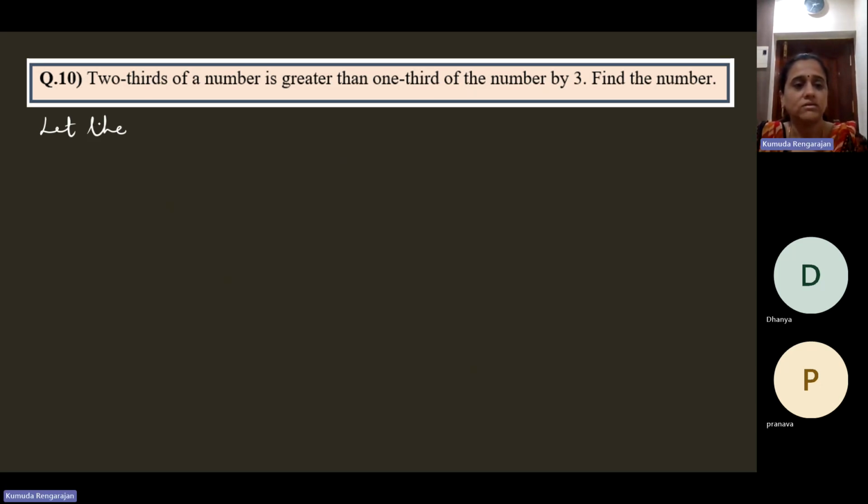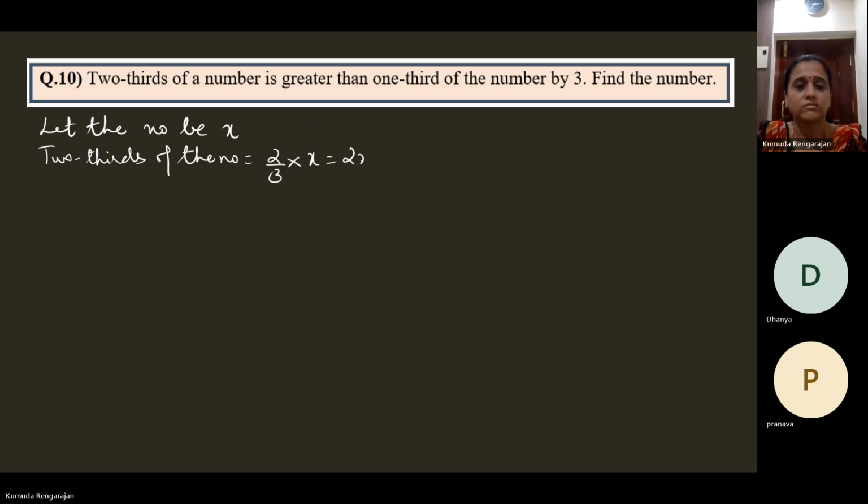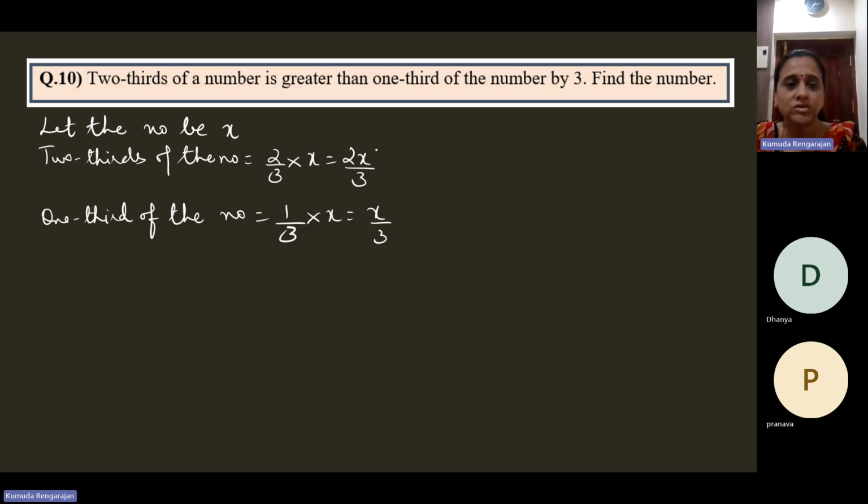So let the number be x. 2/3 of the number is greater.